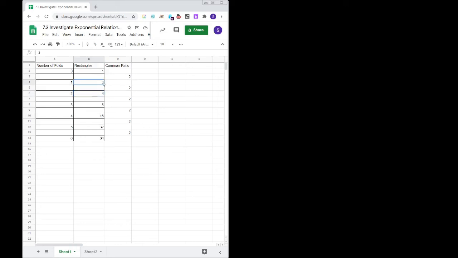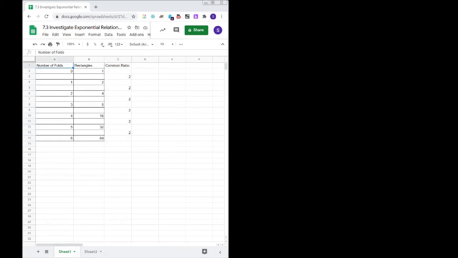So I've divided 2 by 1 to get this, 4 by 2 to get this, 8 divided by 4 to get 2, 16 divided by 8 to get 2, 32 divided by 16 to get 2. We call that a common ratio. And we call this relationship an exponential relationship because of this.